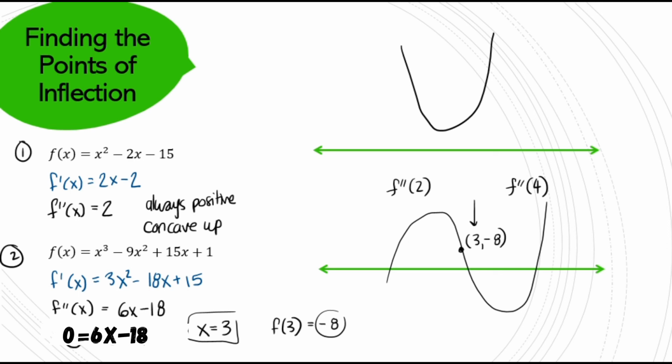At 2, I see that the second derivative is going to be 6 times 2, 12 minus 18, which is going to be negative. And that makes sense, concave down. And on the other side of it, it's going to be 6 times 4 is 24 minus 18, which is a positive number, concave up, makes sense.